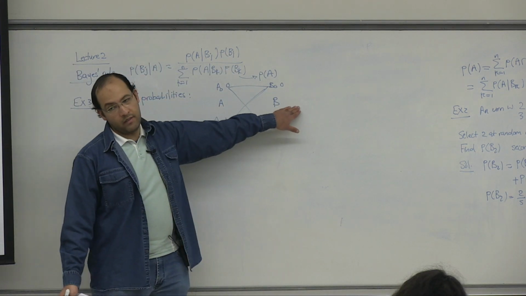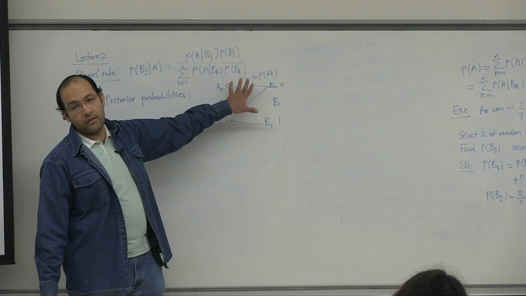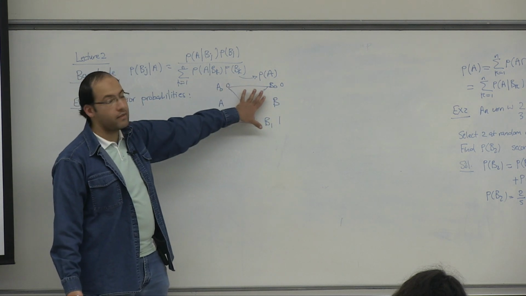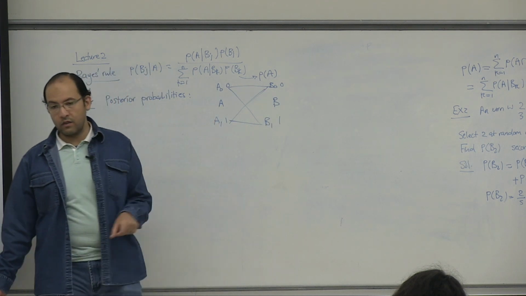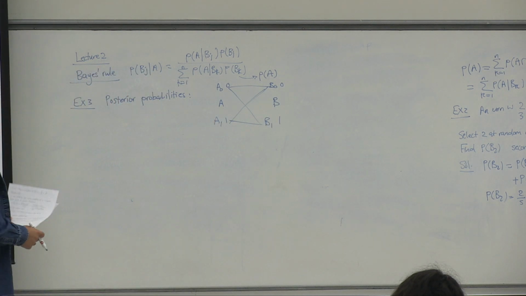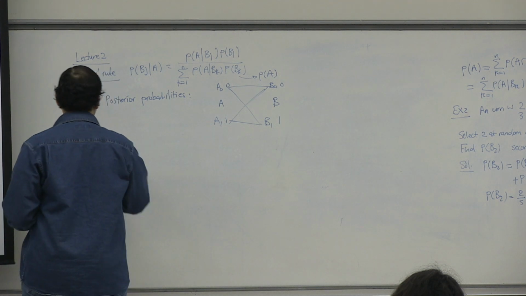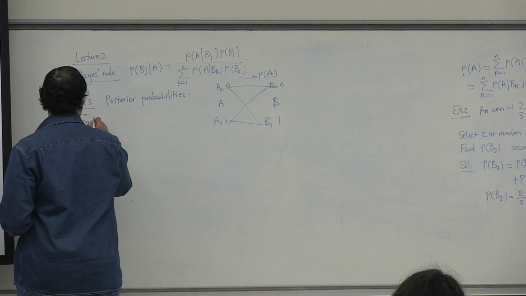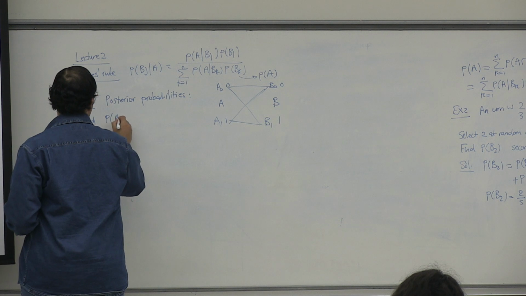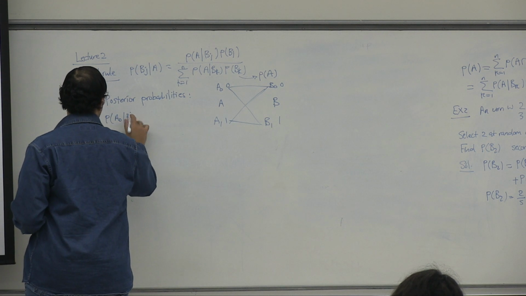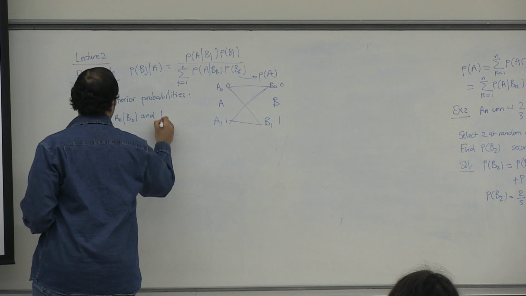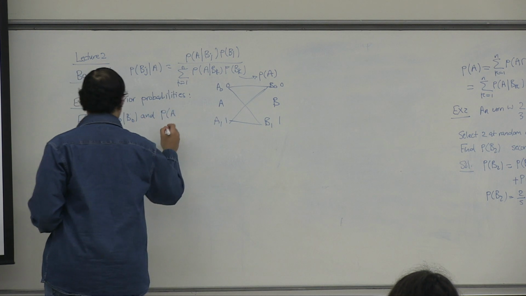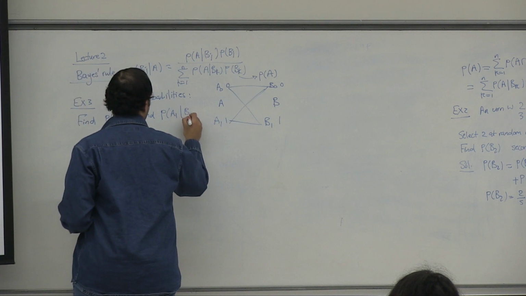You sit here, you have an imperfect channel, something transmitted, data corrupted. You want to know, when you are here, what was transmitted here. So what is the posterior probability? That's exactly what we're trying to find. Find the probability of A0 given B0 and the probability of A1 given B0.